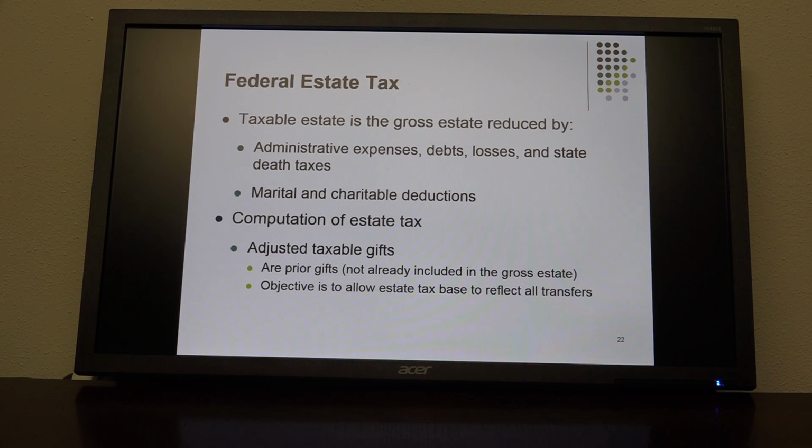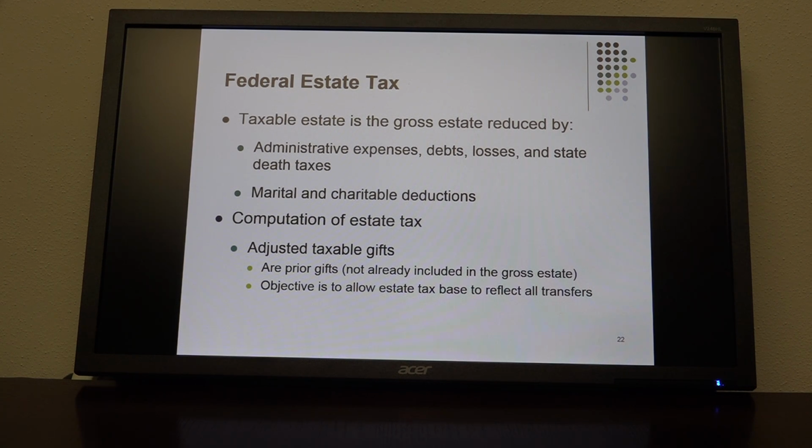Now again, in the computation of estate tax, you have to add back in adjusted taxable gifts. These are prior gifts not already included in the gross estate. Well, where would that be? Those would be prior gifts made within 3 years of death, right?